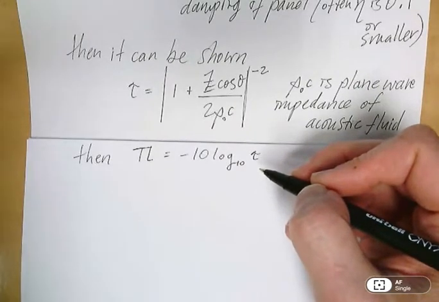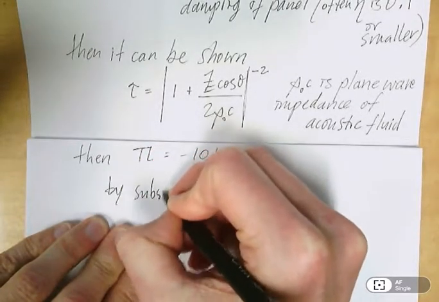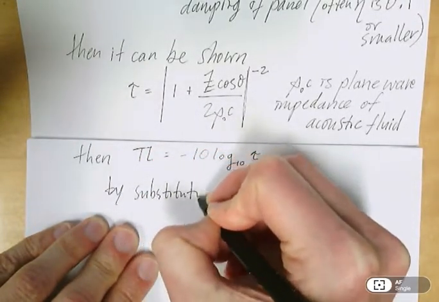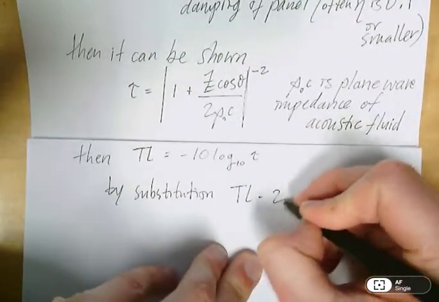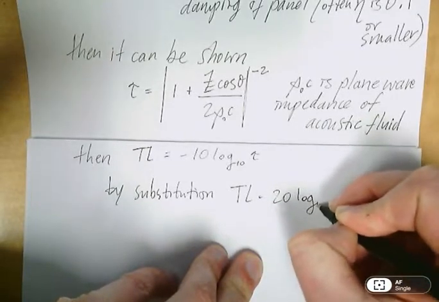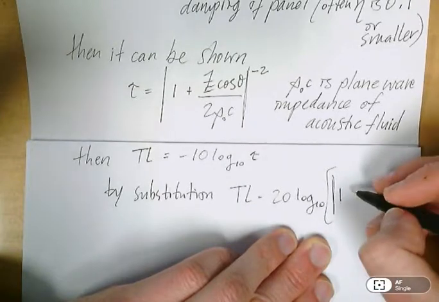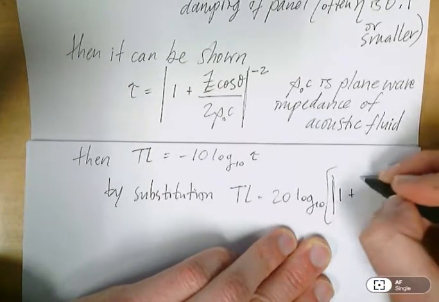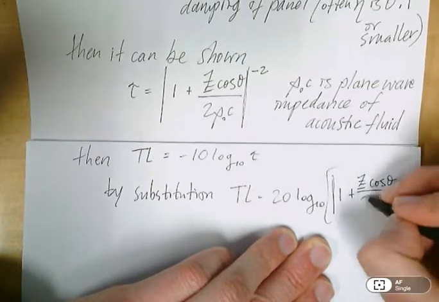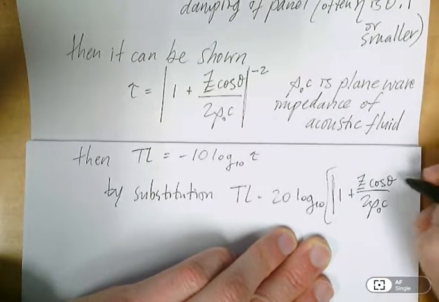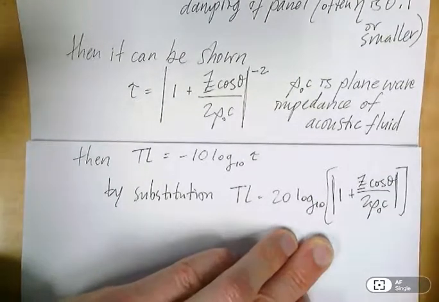By substitution, we find that the transmission loss is 20 log 10 of the term that's in the modulus of 1 plus the bending impedance times cosine theta onto rho naught C, where I've pulled out the power -2 to simplify this expression.